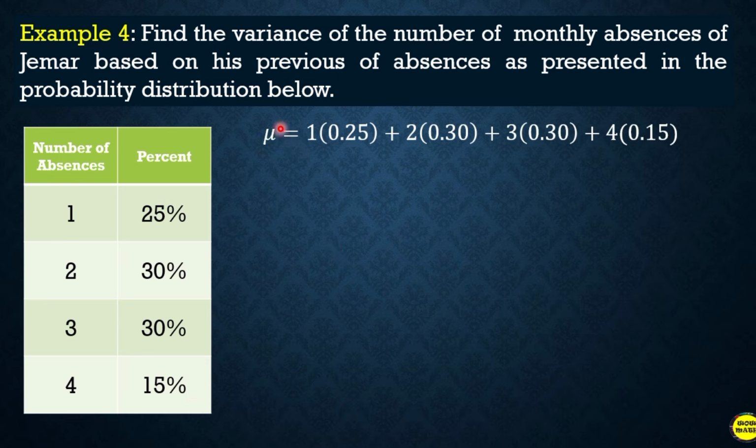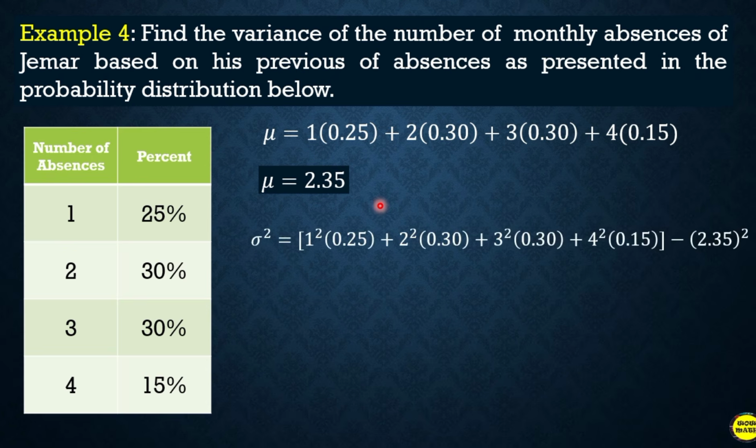So, para makuha natin yung variance, compute natin yung mean value. So, 1 times 0.25 plus 2 times 0.30 plus 3 times 0.30 plus 4 times 0.15. And that is 2.35. So the mean value of the probability distribution is 2.35. And then compute now the variance. Since variance lang ang pinapakuha, so squared lang natin yung mga number of absences.